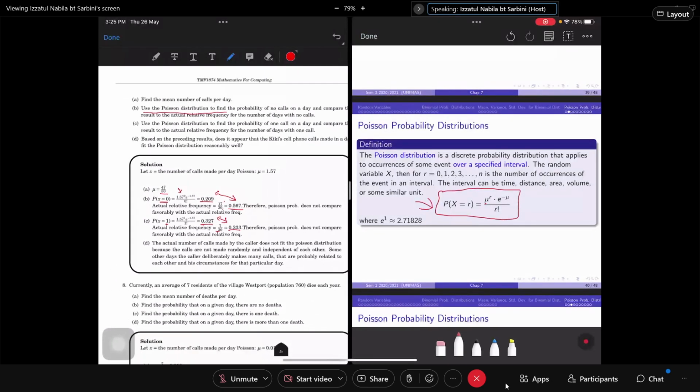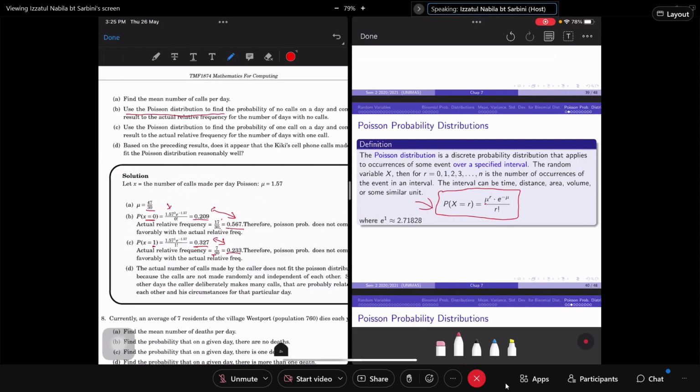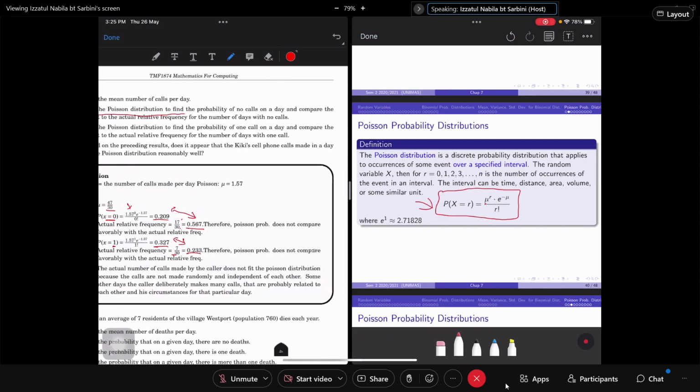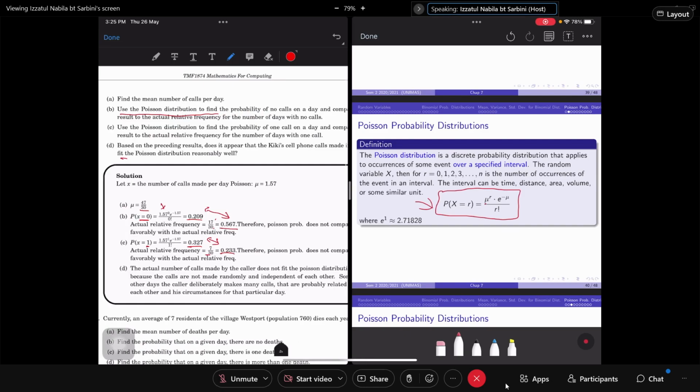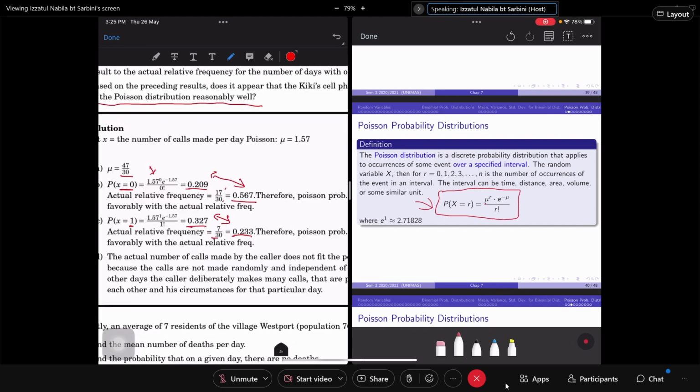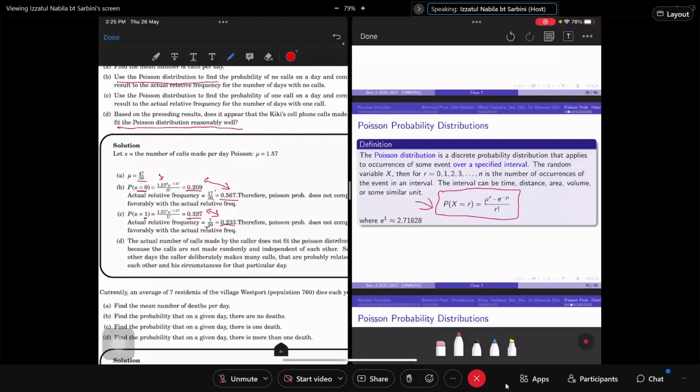Okay. So now D, based on the preceding result, does it appear that Katie's cell phone calls made in a day fit the Poisson distribution reasonably well? In this case, if you compare questions B and C just now with the relative frequency, you can decide already whether the Poisson distribution is suitable for this type of case.